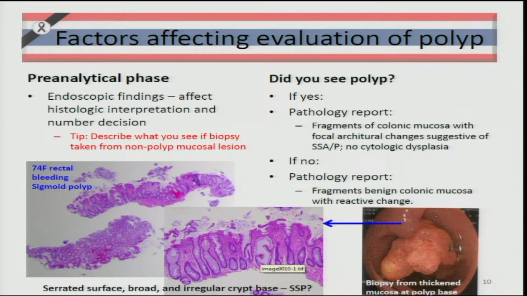I would think if this is SSP, so I end up calling the gastroenterologist: did you see a polyp? Because if you saw a polyp, I would go with SSP. But if you didn't see any polyp, it could be a reactive change or chronic prolapse-type mucosal injury in the polyp stalk. And this is a biopsy from the polyp stalk because he saw irregular and thickened mucosa.